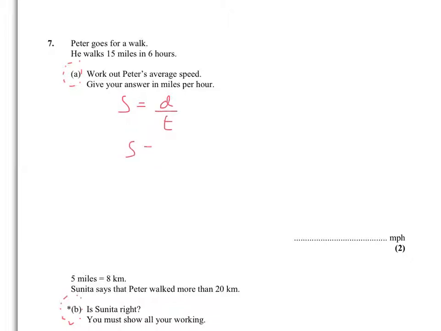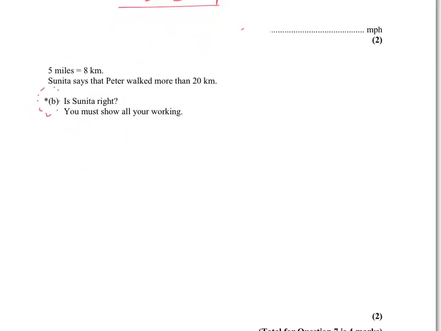So that's 15 divided by 6. If we type that in the calculator, we get the speed is 2.5 miles per hour. So just remember speed is distance divided by time, which you may well have seen before in science or something like that.